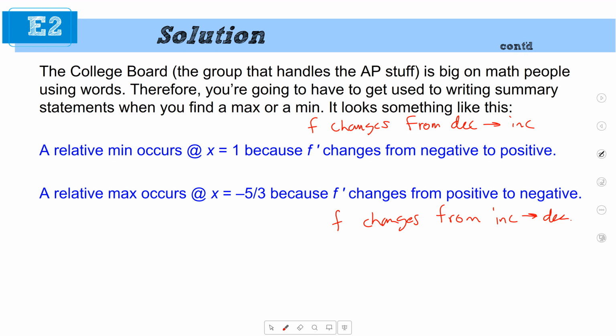Unfortunately, you're going to write that sentence so many times you're going to come to hate it. But it is an important part of doing this kind of work of finding relative max and relative min. Okay? Questions? Not so bad? Yes?